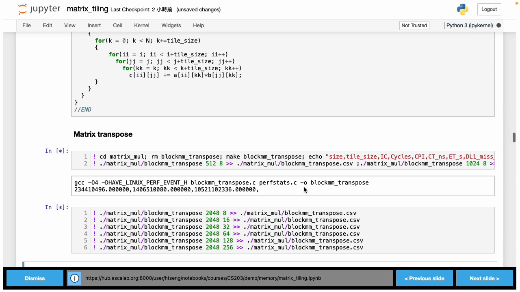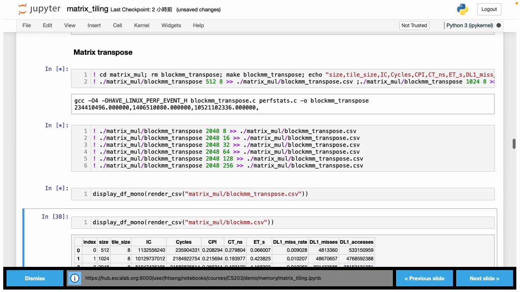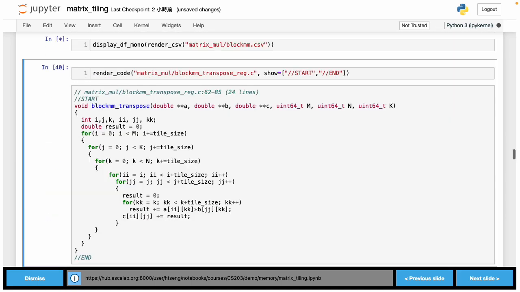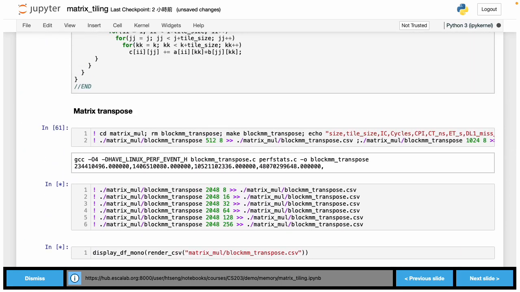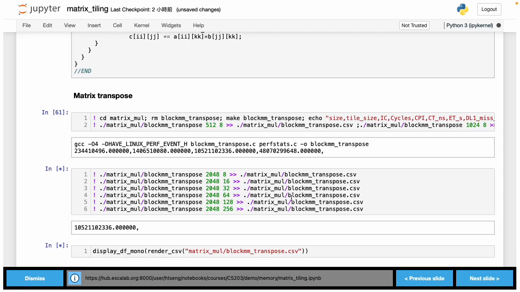And let's see how much time it would take. Well, it takes a while. Okay, it finished running the first set, and then it kept running with different tile sizes.